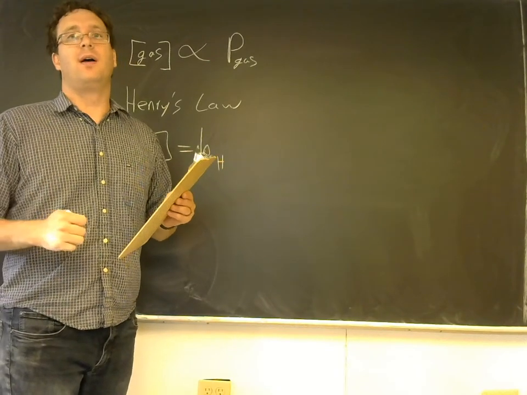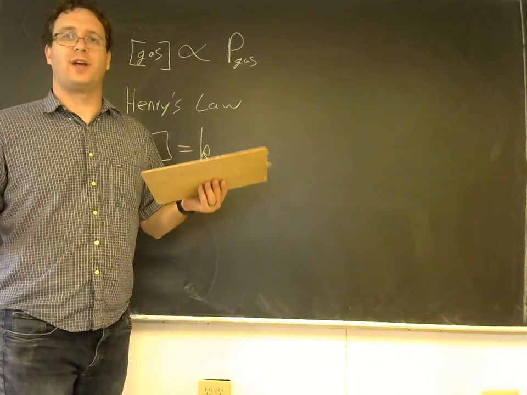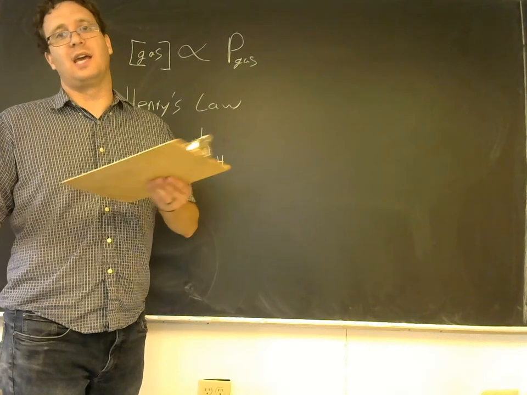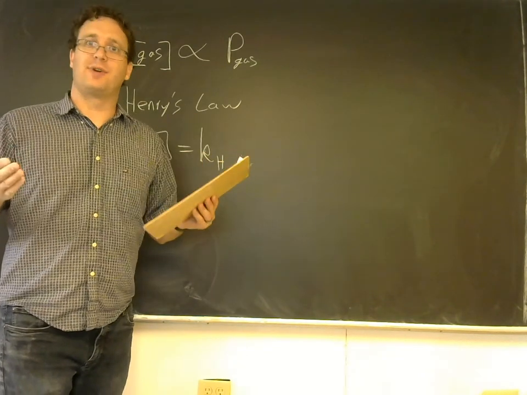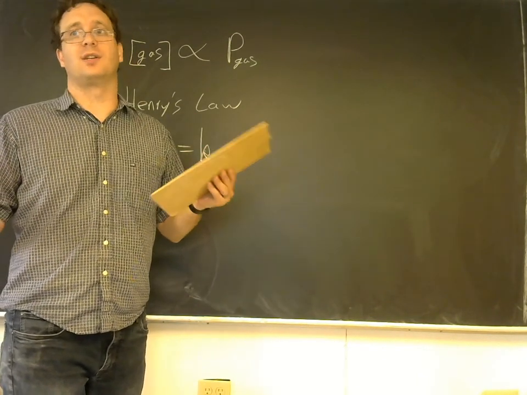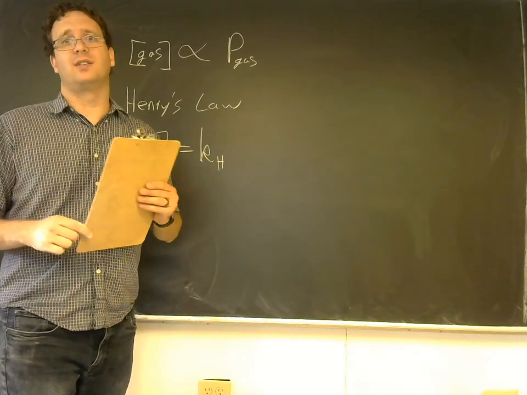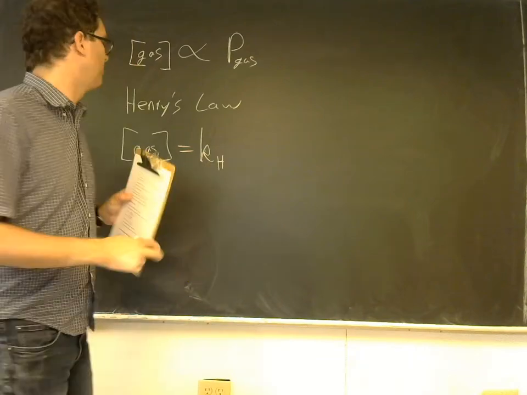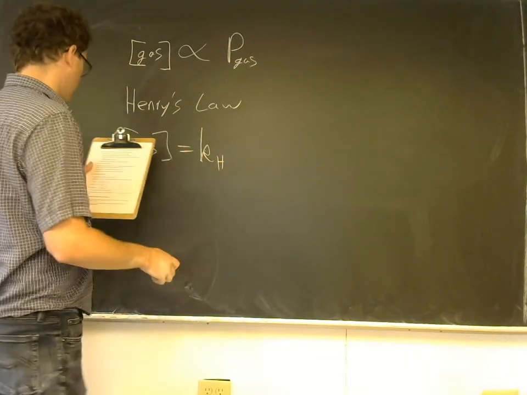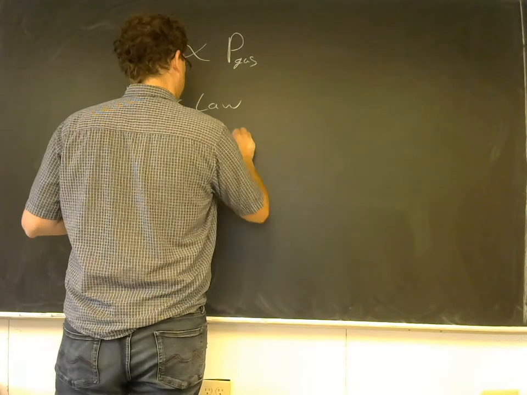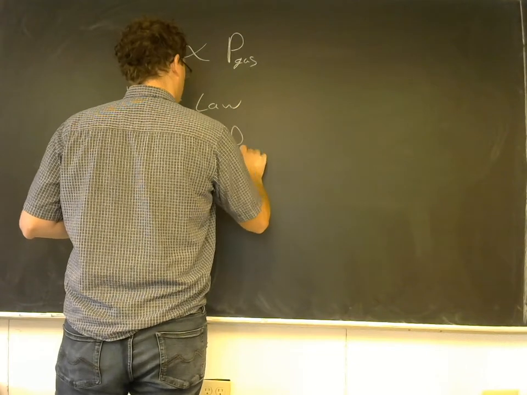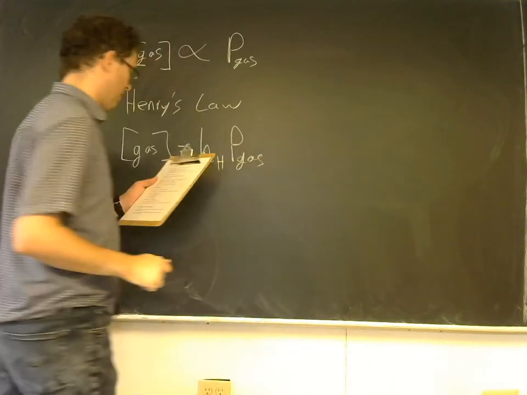So oxygen would have a Henry's law constant in water, and nitrogen would have a different Henry's law constant in water, and oxygen would have a different Henry's law constant in acetone, for example. Okay, so there's the Henry's law constant times the partial pressure of that gas above the water.